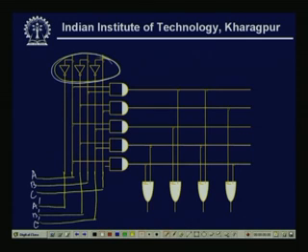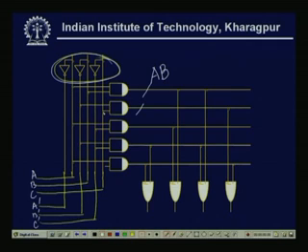Now, for this particular example, see the output of the first AND gate. It is taking A and B as input, so this is my AB. Similarly, what is this output?